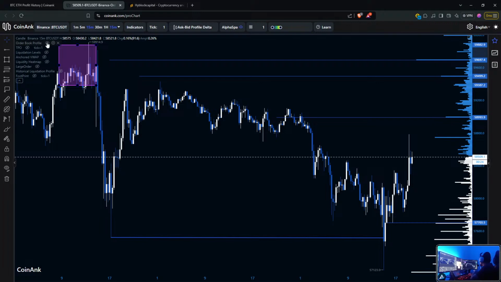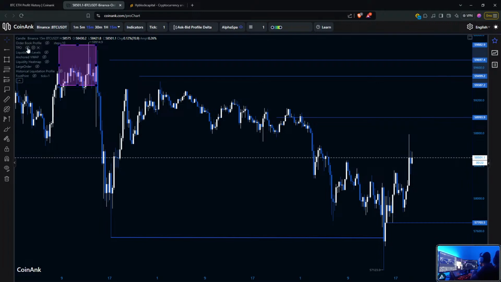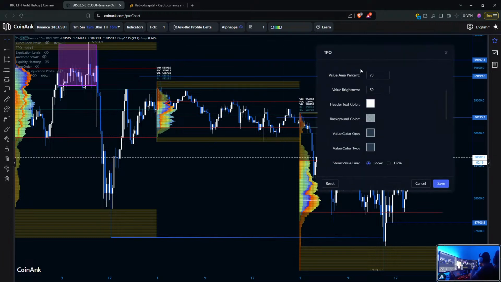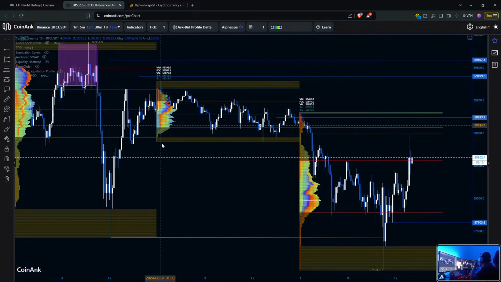So I'm going to hide this now just to not have everything on the chart. And now let's go to another thing, which is TPO. This is time price opportunity. So it's the profile of each of the days in terms of time.